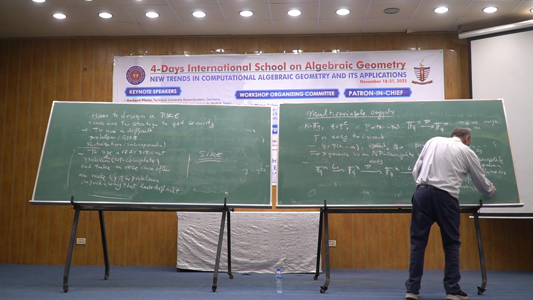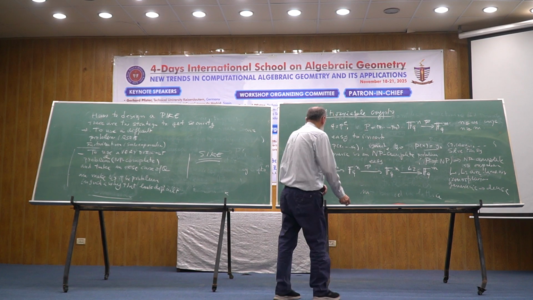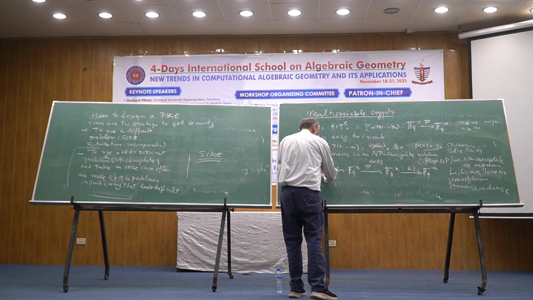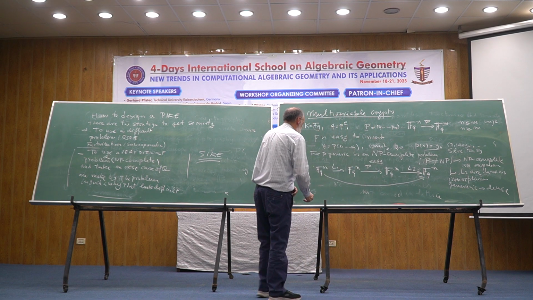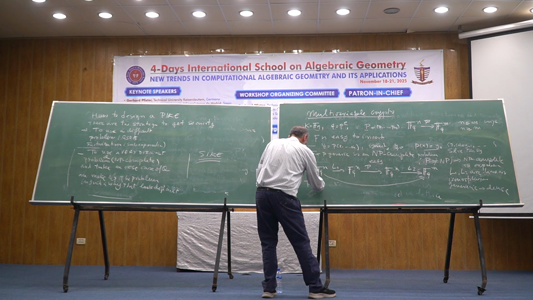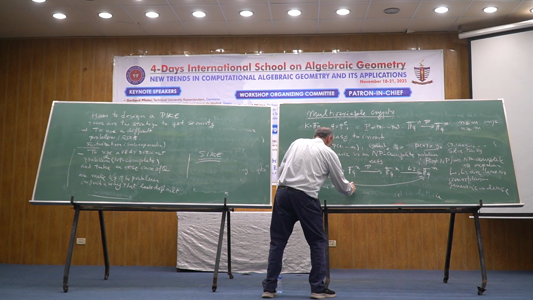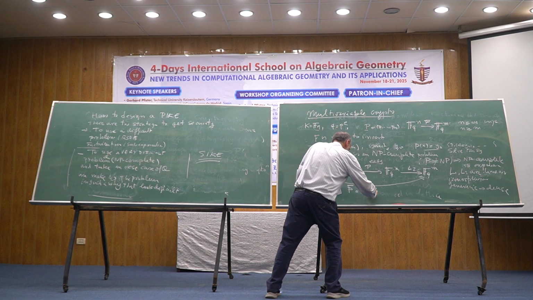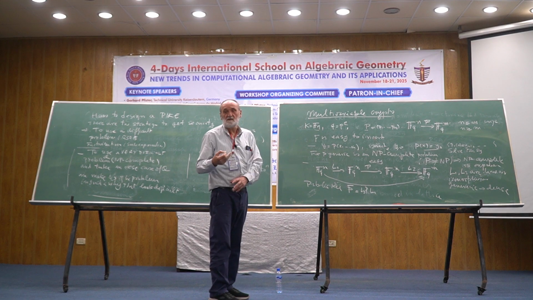And then you take the composition. The public key is P bar, the composition L1 P L2. This is the one that looks difficult.